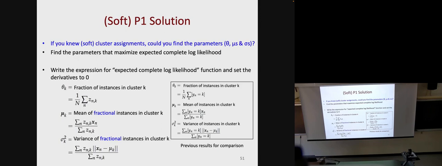A soft assignment is when you say, this data point is like 20% from the green cluster, 60% from the blue cluster, and the rest from the other cluster. So it's this soft assignment. You don't make a hard choice that this data point belongs to one and only one cluster.